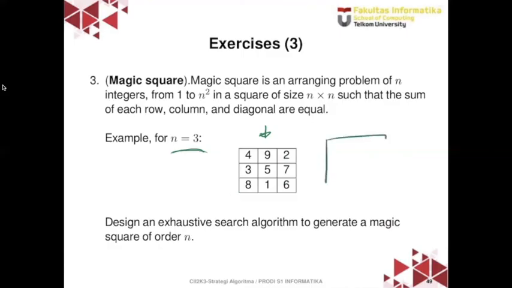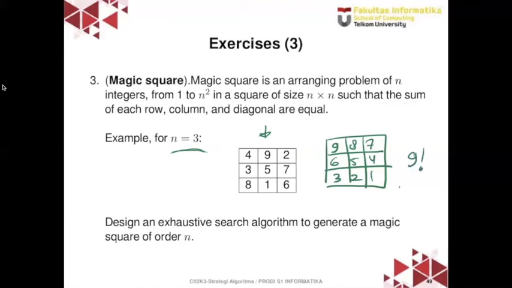Basically, we just need to find all possible arrangements. Here there are 9 possibilities, and then 8 here because one is already taken, and 7, 6, 5, 4, 3, 2, 1. So the total is 9 factorial.